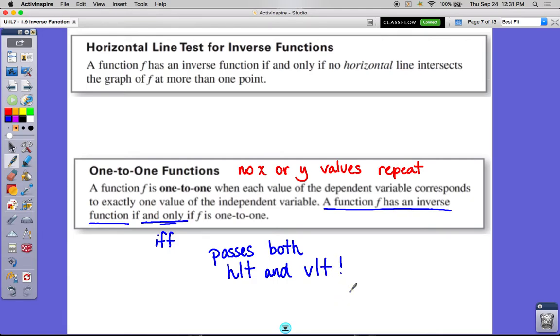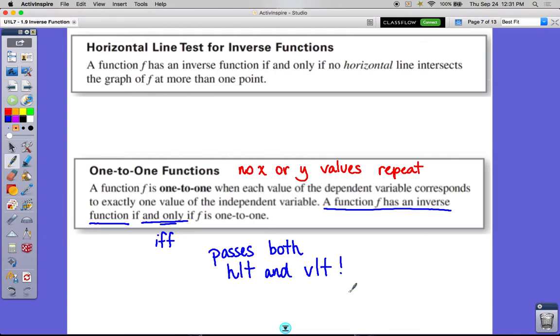You can only have an inverse of a function if it's one-to-one, meaning that it passes the horizontal and the vertical line test. It means that the x values or the y values do not repeat. There is no exception to this. If and only if it passes both the horizontal and the vertical line test. That is the only way you know that you have a function that has an inverse.